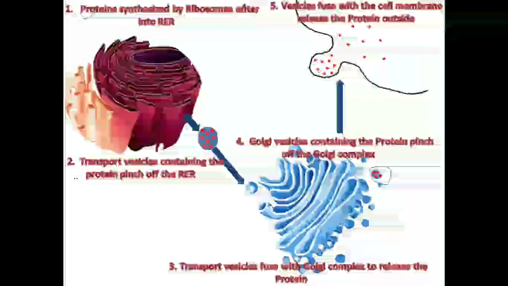Then these vesicles fuse with the plasma membrane and release their enclosed protein outside the cell. So that's how the proteins are synthesized and then finally released outside the cell.